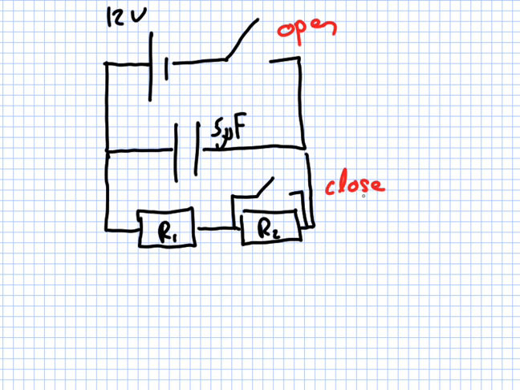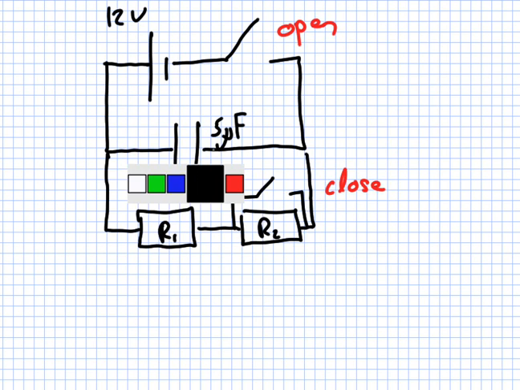So in this situation, because this is open, the battery is now removed. Can you see that? If this is open, the battery is removed because the current can't complete a loop. So when this is open, it's no longer charging. So if it's not charging, what's it doing? It's discharging.